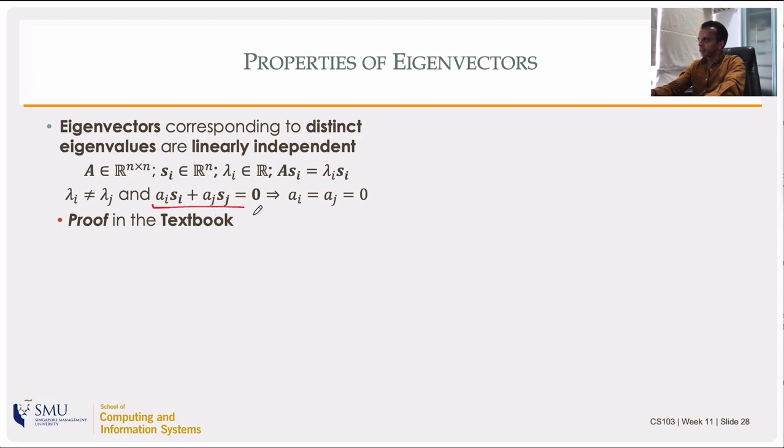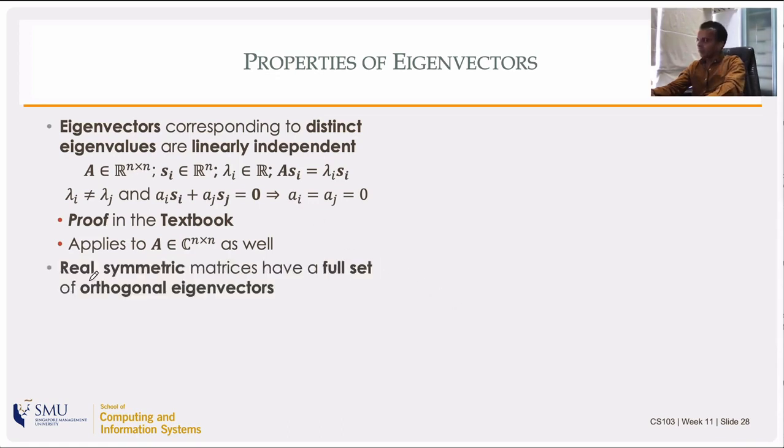That means you won't be able to find a linear combination such that the linear combination is 0 without the coefficient being 0. This is proven in the textbook again. Now the thing is, it actually applies not merely to real matrices, it actually applies to the complex matrices too, because the proof actually involves complex fields.